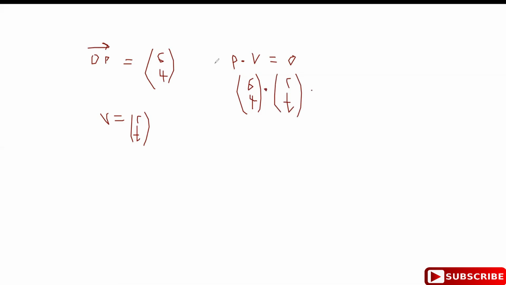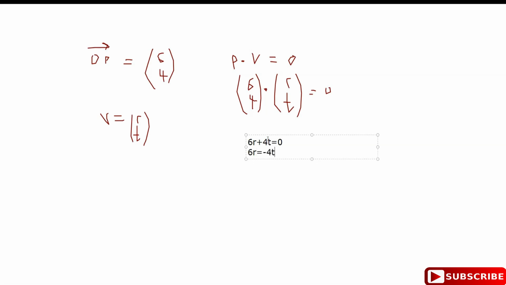So what this is telling us is that 6R plus 4 times T is equal to 0. That means 6R is equal to minus 4T.